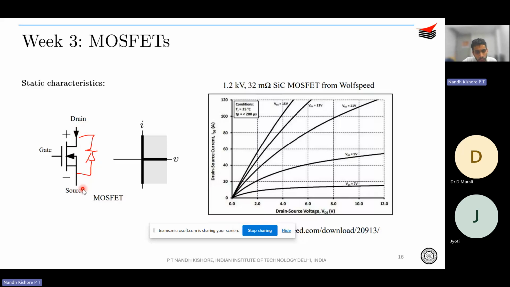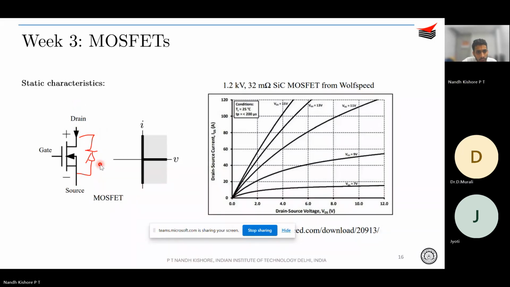So there would be a current flow from source to drain, and that is why it has a negative, or reverse, conduction characteristic. So it can conduct current in both directions: bipolar current conduction and unipolar voltage blocking. It can block voltage from drain to source. Since there is a diode between source and drain, it cannot block voltage from source to drain.